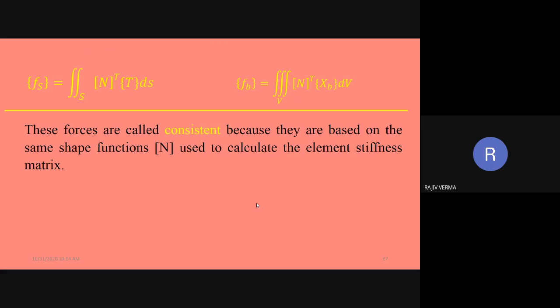Obviously, this means that there happens to be a certain category of forces which is non-consistent, which basically is going to use a shape function which is different from the shape function used for evaluating the stiffness matrix.